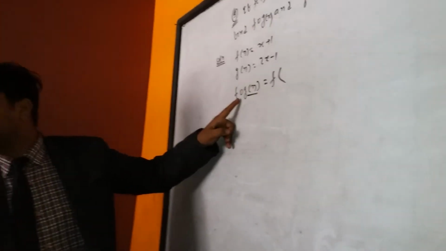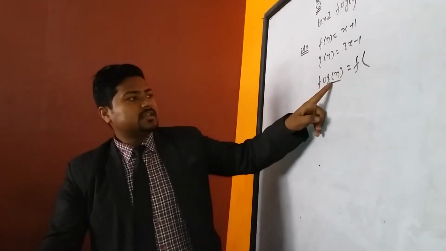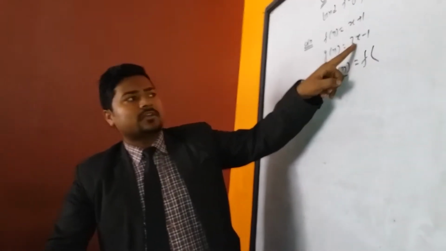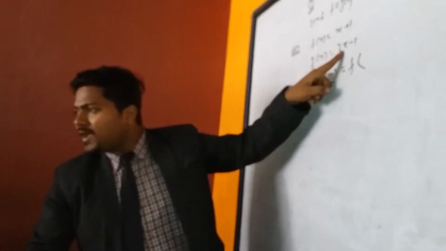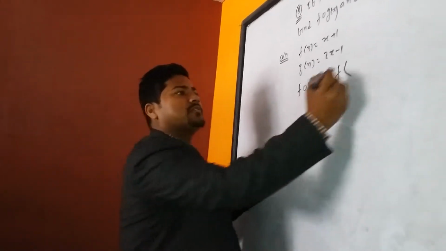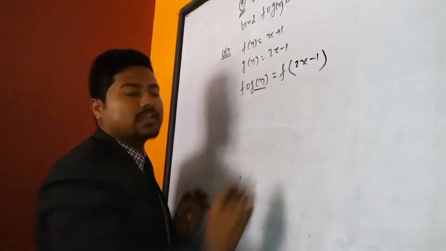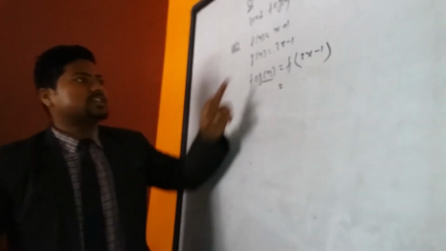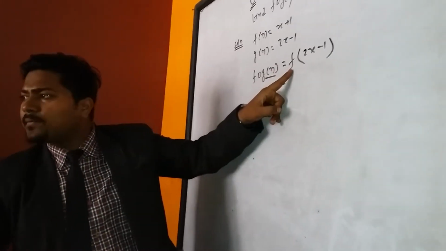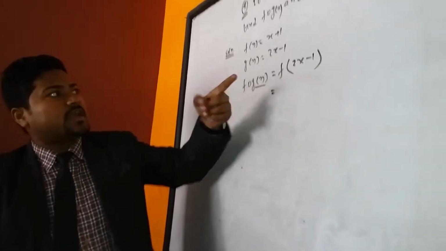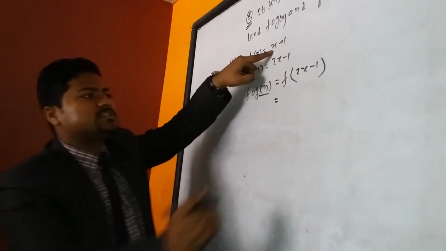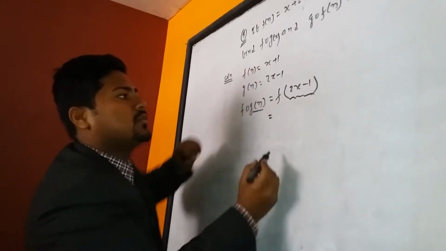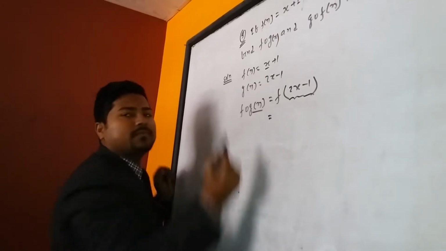g(x). This small circle means composite function here. Don't get confused about this. Is the g(x) value given or not? Yes, it is 2x minus 1. Very good. Then, whatever value is given, we always write it in place of x.